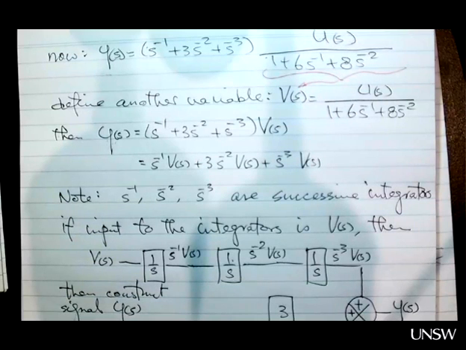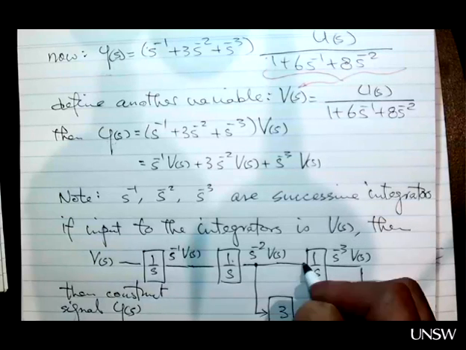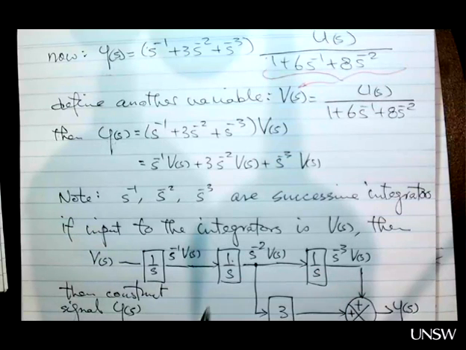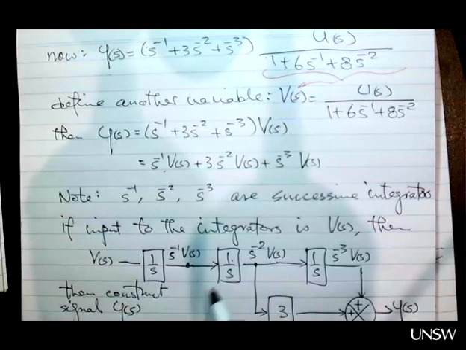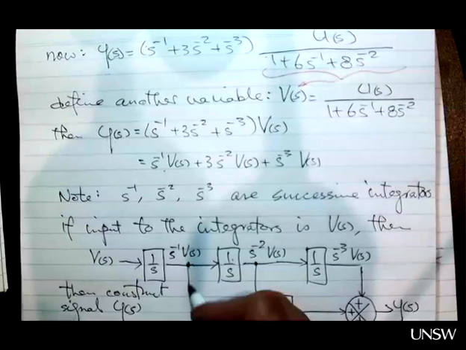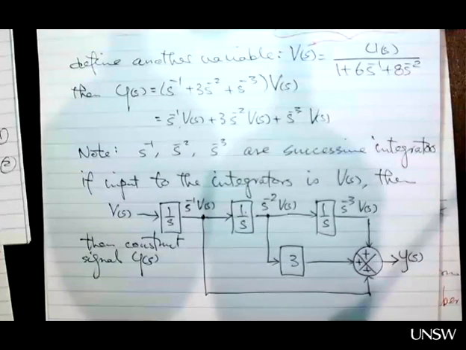It is s^-2 and then we have another, the first term here, s^-1 V(s), this one. Another addition. Now we have Y(s) this way. Okay with this?